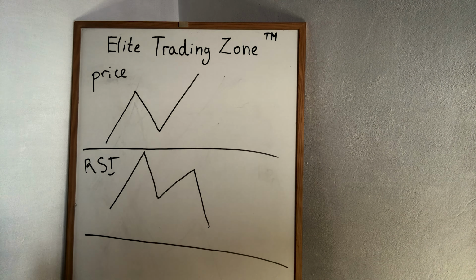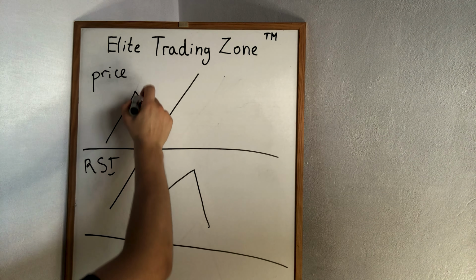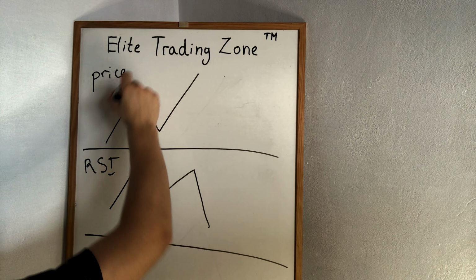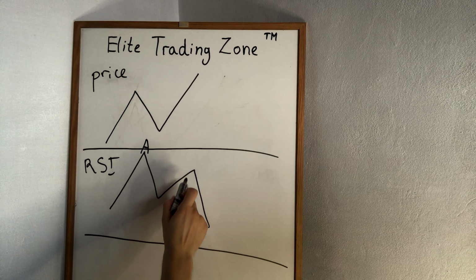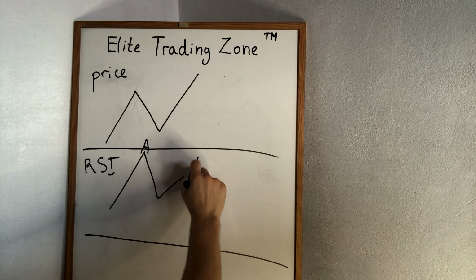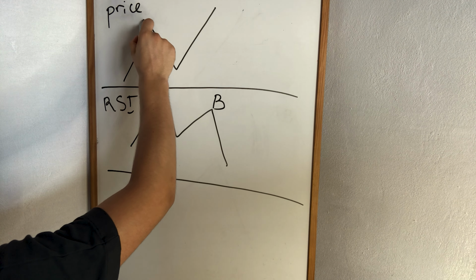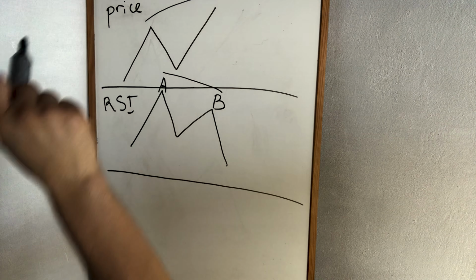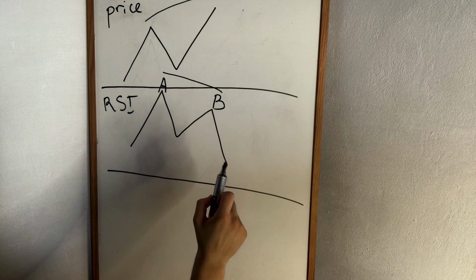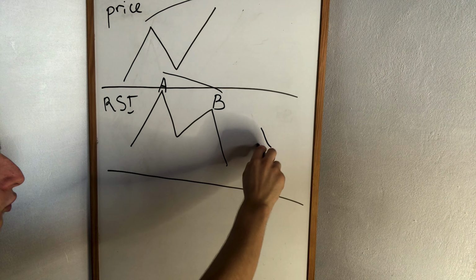If we mark this high right here from the RSI with point A, and this lower high with point B, this right here is a bearish divergence. With the letter X, we mark the final result.